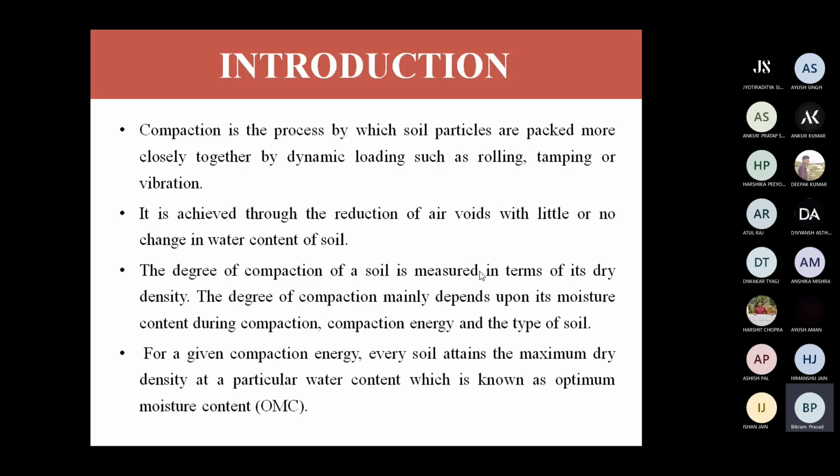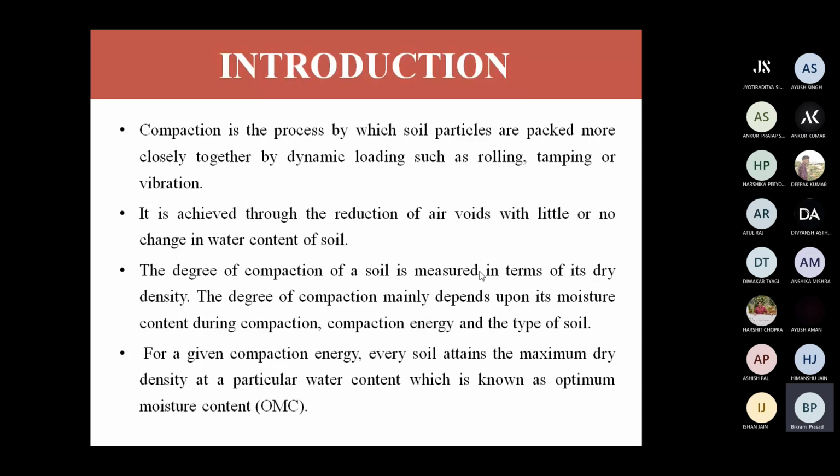If there are voids available in the soil, we can compact and press it such that the voids, either air voids or water voids, get compacted and extracted out. When they are getting out of the soil sample, we can understand that compaction is taking place. This is a very simple concept.